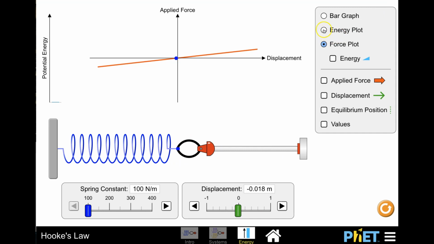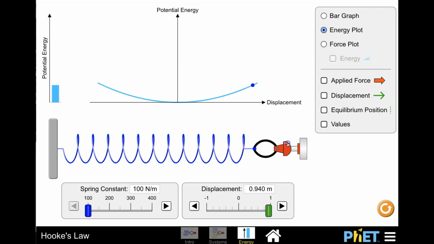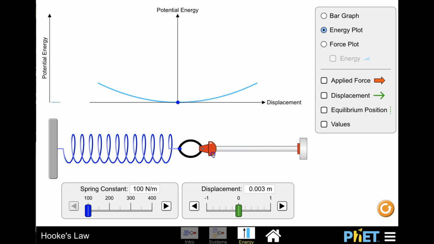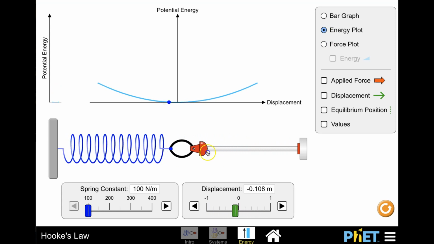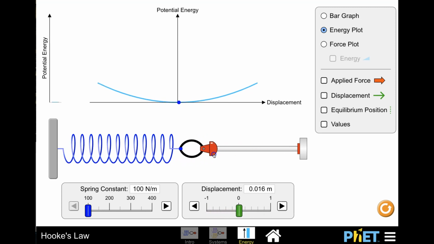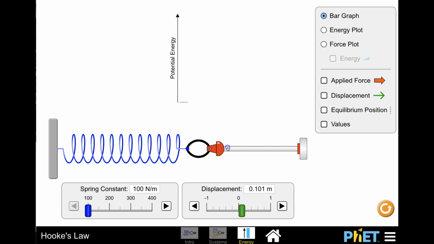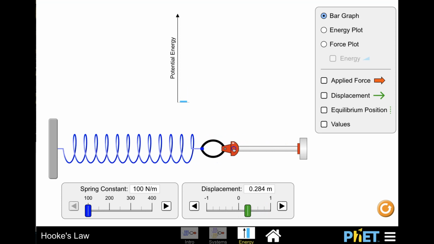If I go to an energy plot, you'll notice that no matter which way I go, whether I stretch the spring or compress the spring, that energy is always going to be positive, and it follows a curve. Because remember, our equation is 1/2 kx squared, and that is a parabola, which shows you that x squared nature. For a bar graph, we can just see how that potential energy goes up, just like we did earlier.